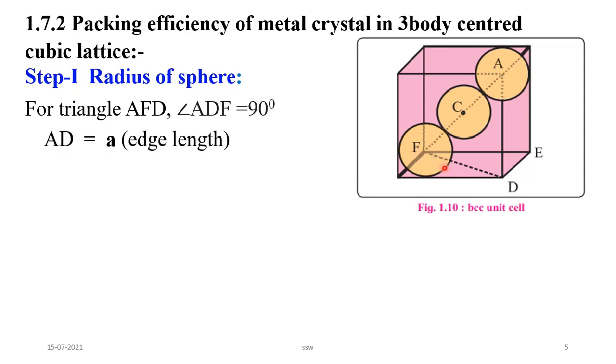According to Pythagoras, the hypotenuse of the triangle AFD is AF.